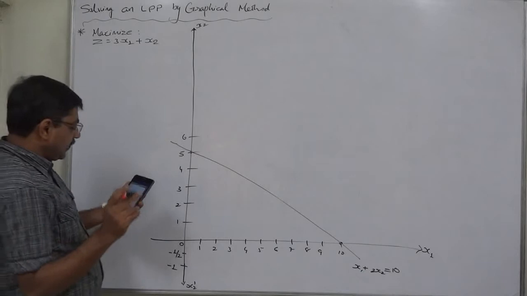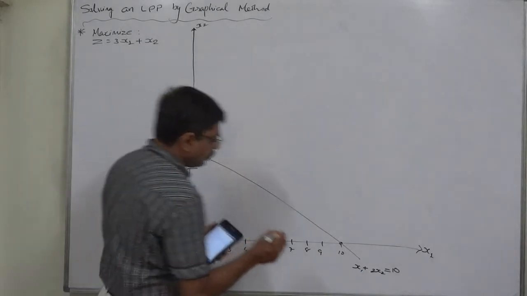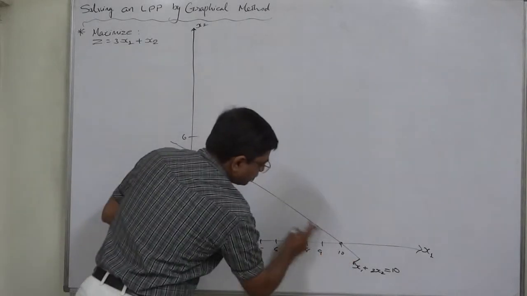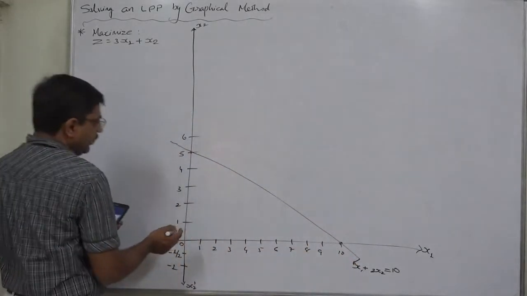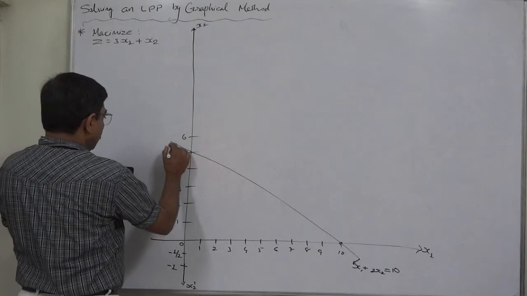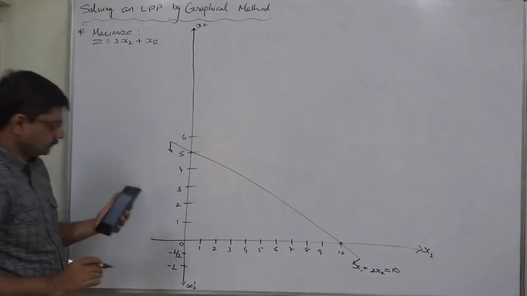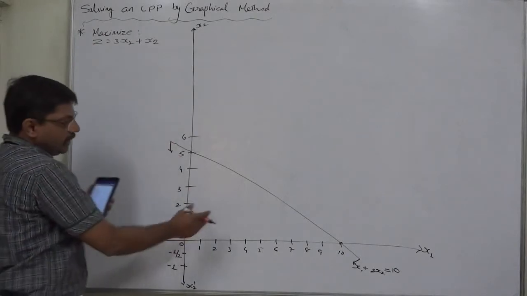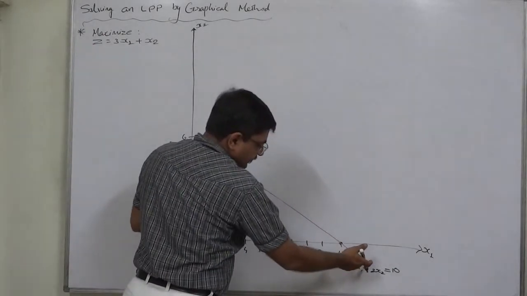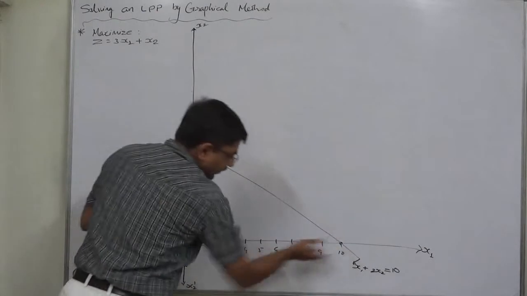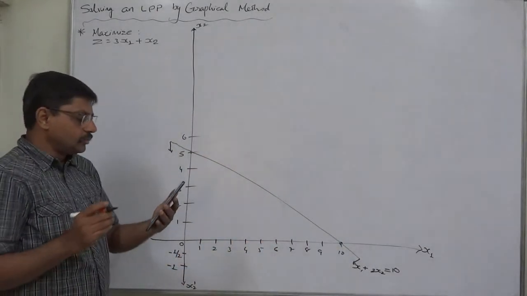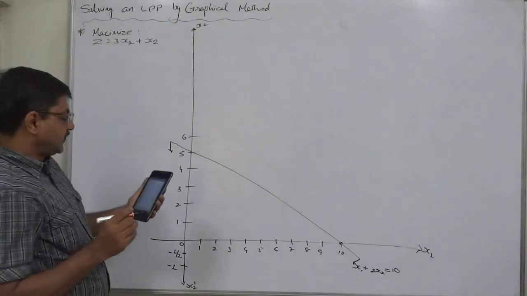Now check the inequality part. x1 less than 10, 10 is the line or less, okay, and x2 less than 5. Less than 5 values are below the line, so shading will be below the line. Less than 10 values are inside of the line. Now second is x1 plus x2 equals to 6.